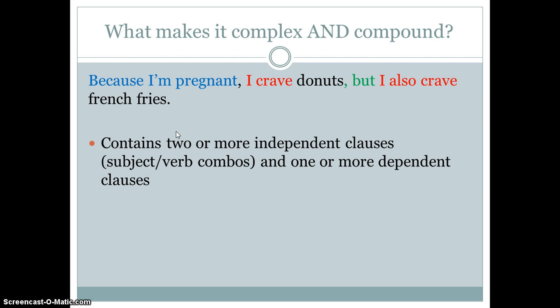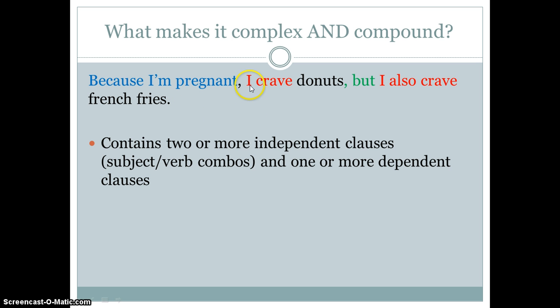All right, so what makes it complex and compound? This is really all I'm going to mention about the compound-complex sentences because we've already covered compound sentences. I've beaten them to death enough. And I will beat complex sentences to death enough. All you really need to know is that a compound-complex sentence contains two or more independent clauses. So that's what makes it the compound sentence, plus one or more dependent clauses. So in this example, because I'm pregnant, I crave donuts, but I also crave French fries.